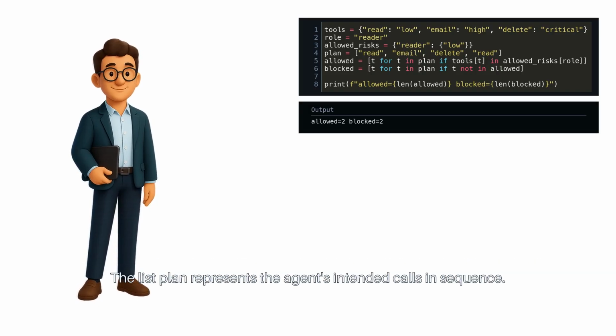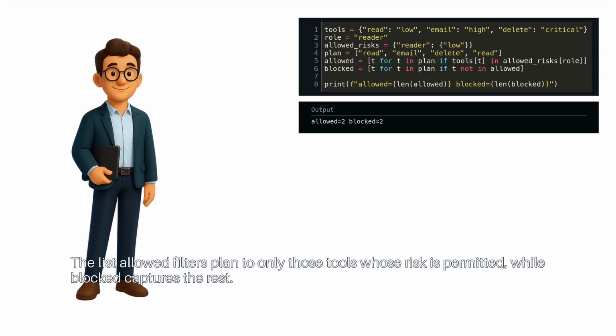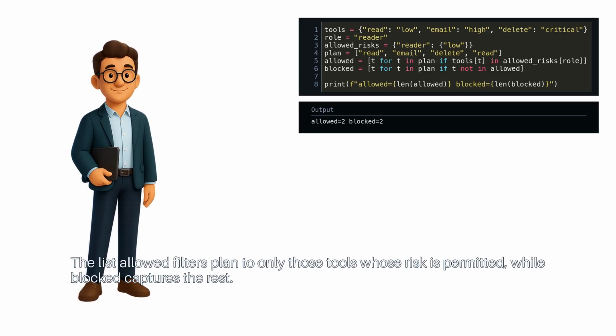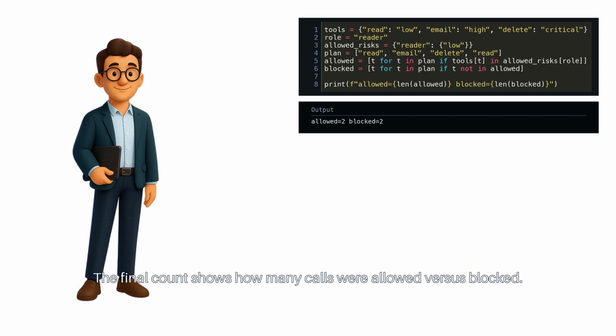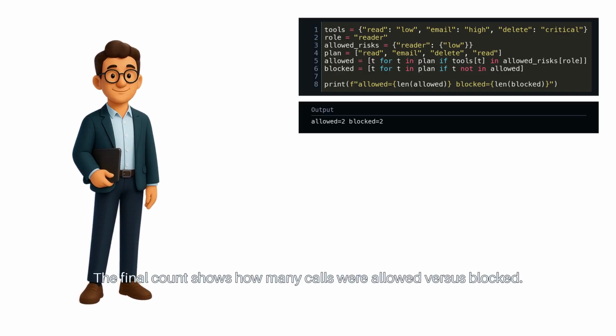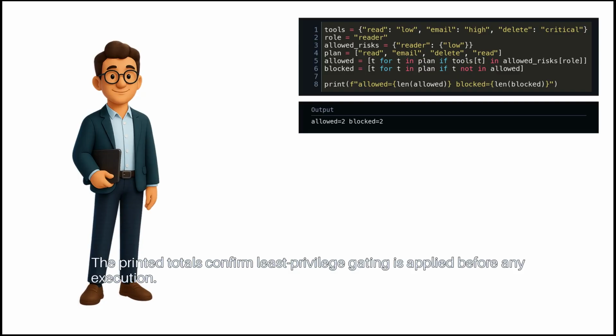The list plan represents the agent's intended calls in sequence. The list allowed filters plan to only those tools whose risk is permitted, while blocked captures the rest. The final count shows how many calls were allowed versus blocked. The printed totals confirm least privilege gating is applied before any execution.